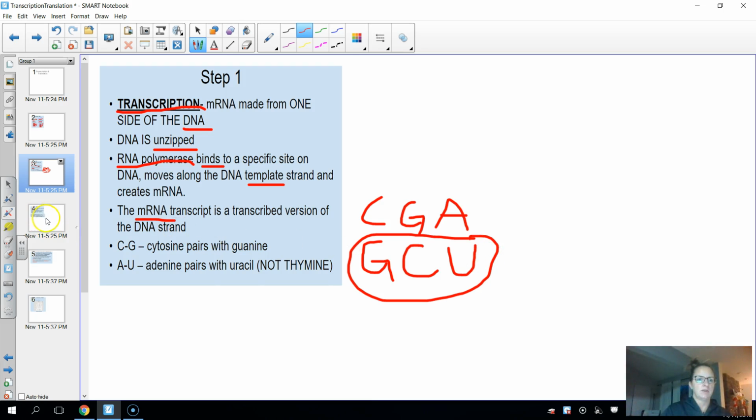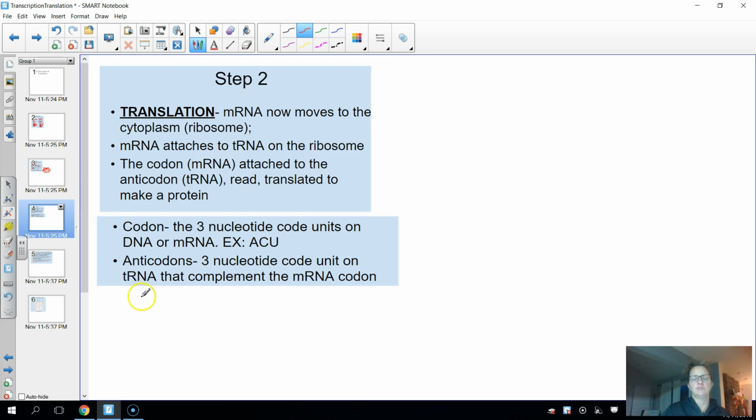Then the next part is called translation. mRNA, which is the RNA that transcribed the DNA, moves through the cytoplasm to a ribosome. If you remember, our ribosome dance routine meant hamburger, which means protein.